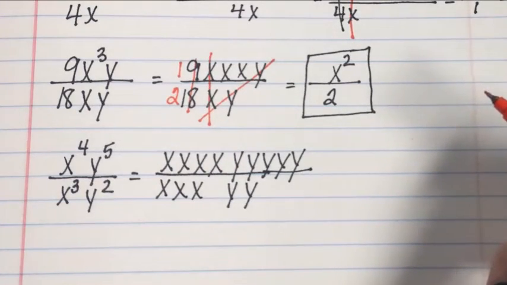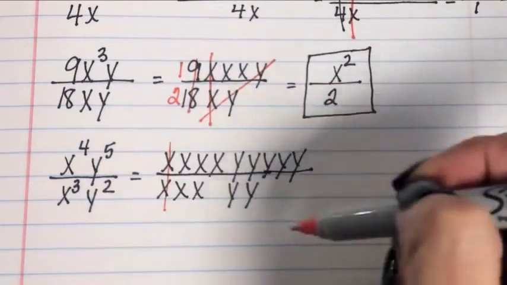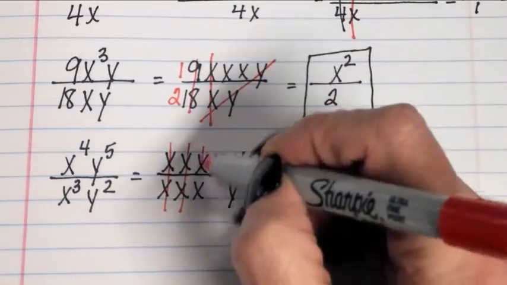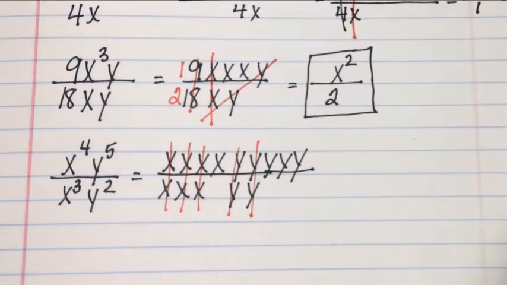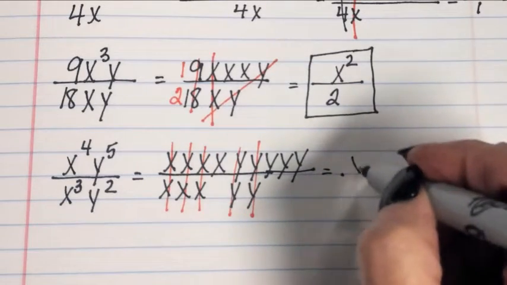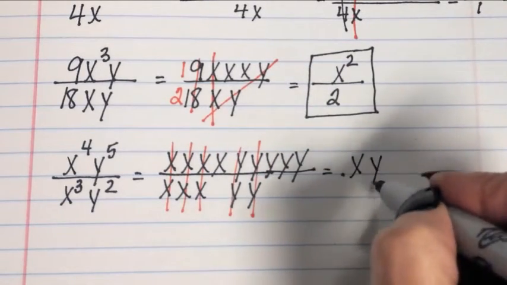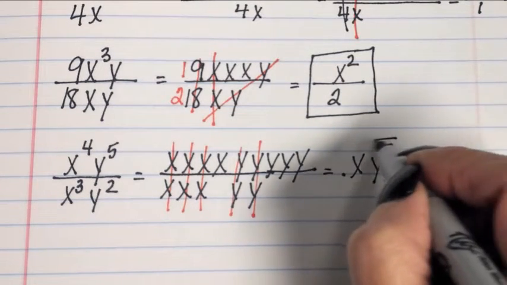Remember, anywhere they doubled up, you can cross them out. Cross them out, cross them out, cross them out. Y over y, y over y. Okay, what do I have left? I have one x, I have y's. How many y's? 1, 2, 3 y's. And there's my answer.